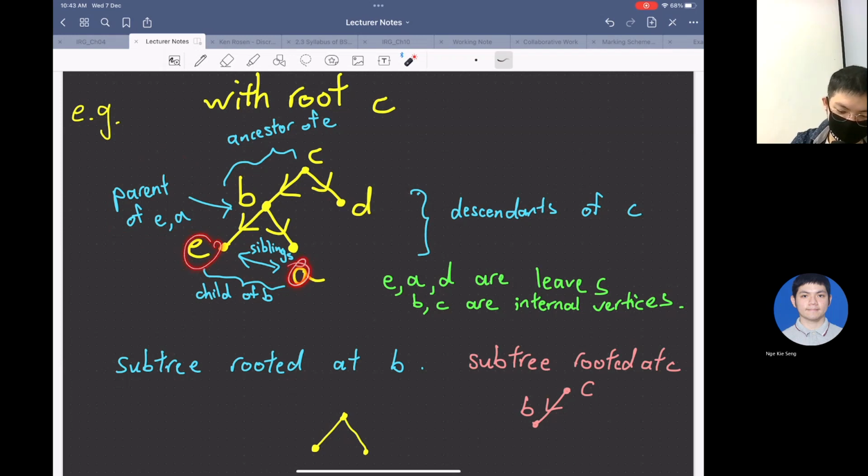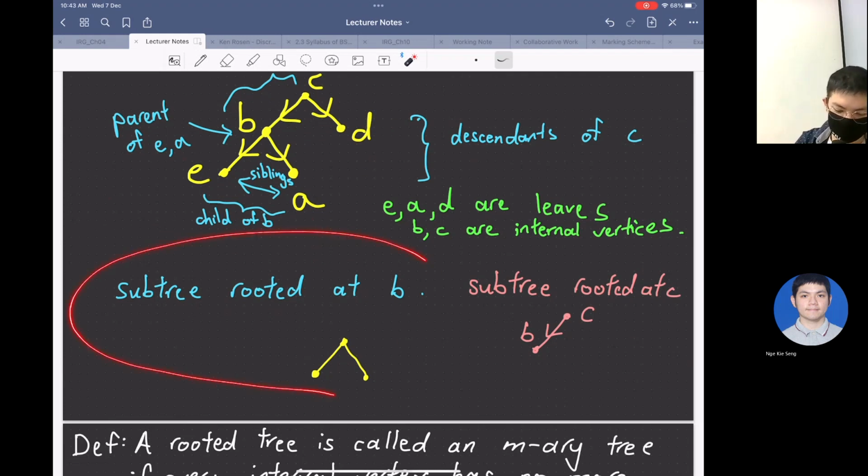E and A are also children of B. B, D, A, and E are descendants of C. E, A, and D are leaves. B and C are internal vertexes. So you can see the internal vertexes and the leaves partition your vertex set.